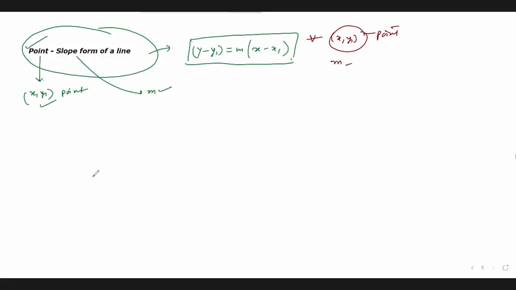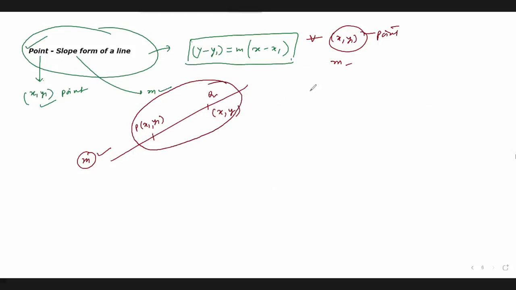So if I am finding an equation of a line on which a point has been given, that is (x1, y1), and the slope of this line is given as m, how to find this equation, y minus y1 equals m times (x minus x1), and where is it coming from? So let us take one more point Q and name it as (x, y). So what will be the slope of this line if two coordinates have been given?